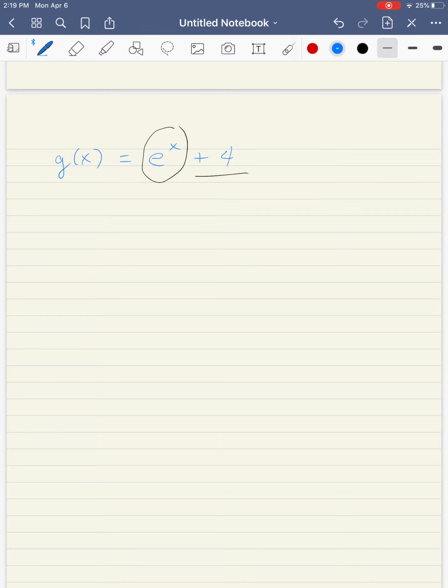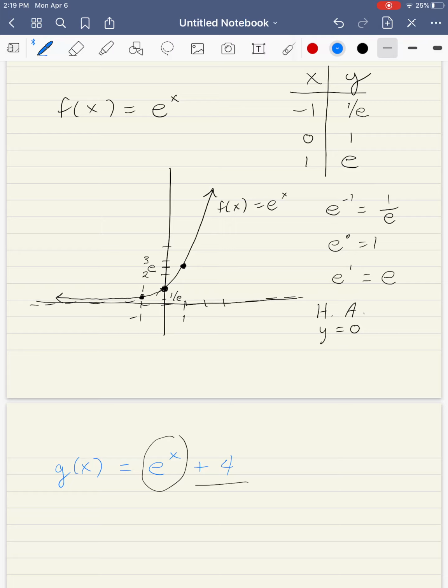Okay, so we see that our basic graph was e to the x power, which we already have graphed here. So we're going to list our transformation. This is plus 4 outside of the function, so it is up 4. And that means that we can move each of these 3 ordered pairs up 4 units, and we can move our horizontal asymptote up 4 units.